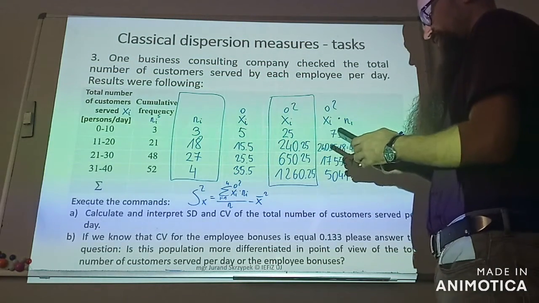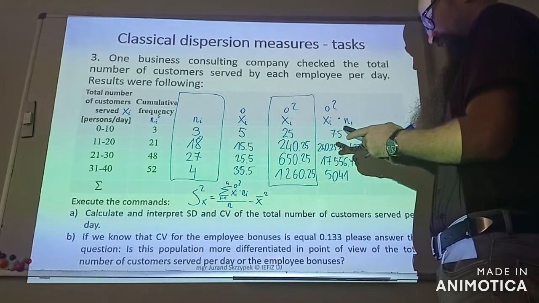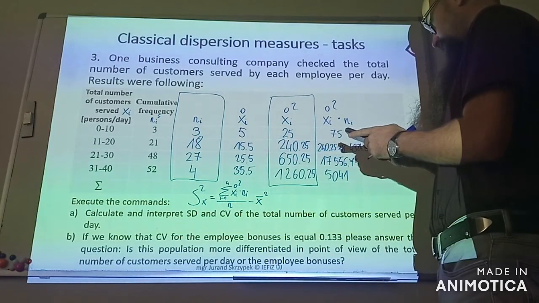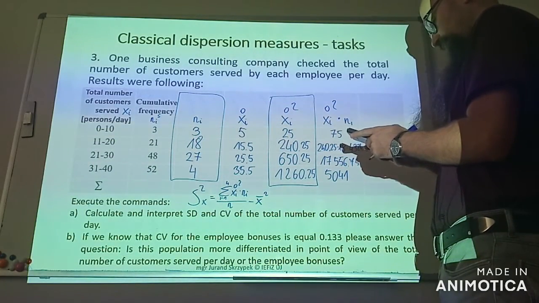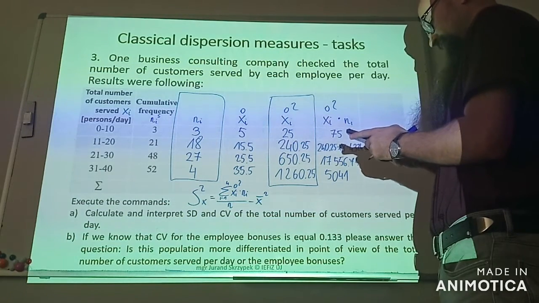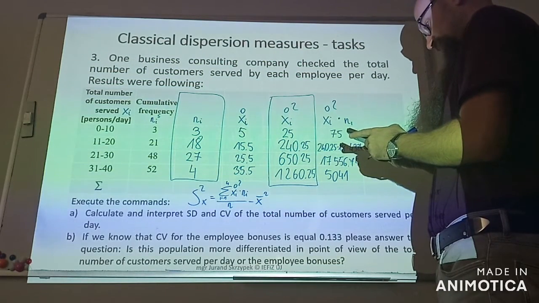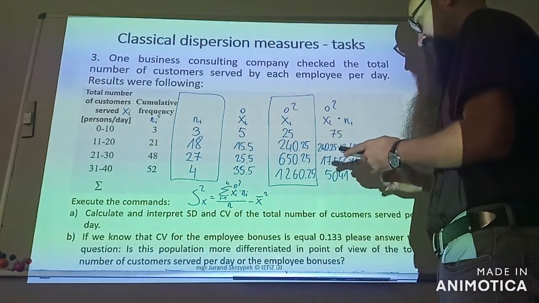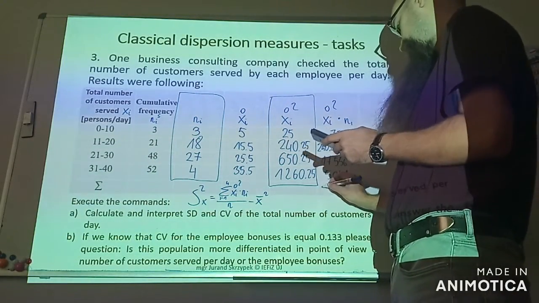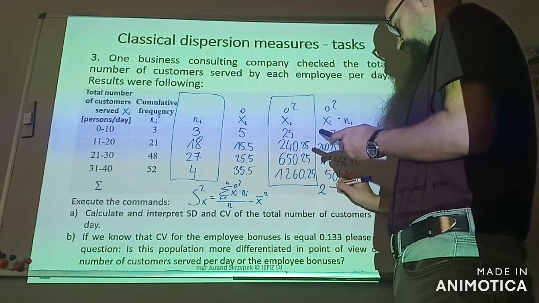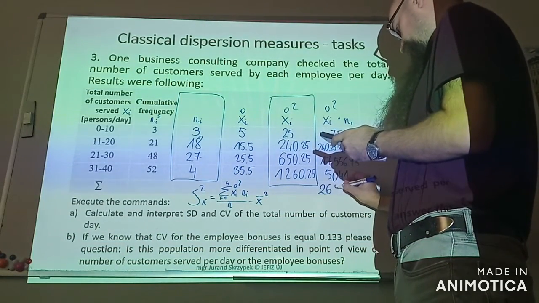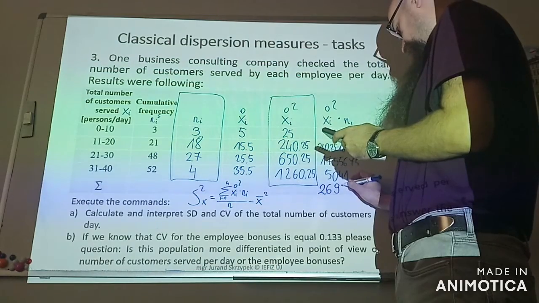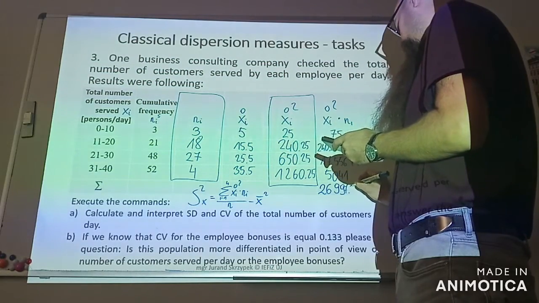The sum of the products is the following: 75 plus 4,324.5 plus 17,556.75 plus 5,041. Okay, I have a partial result: 26,997.25.